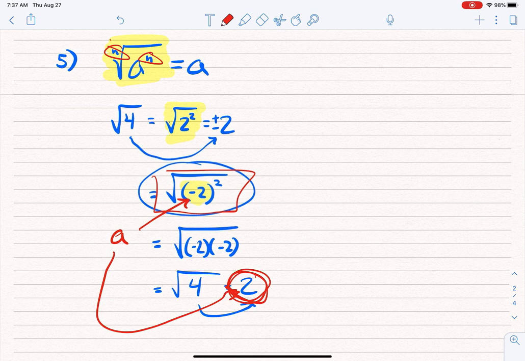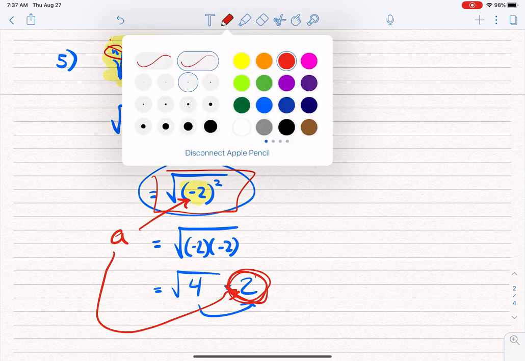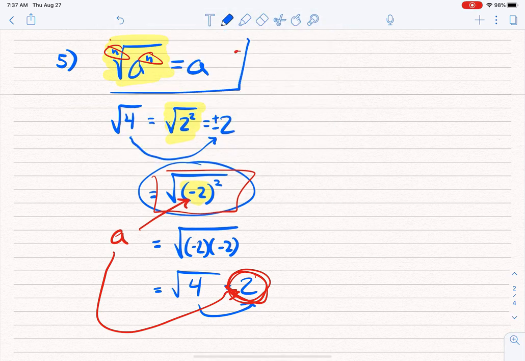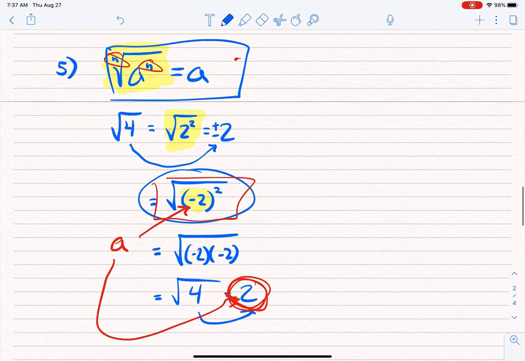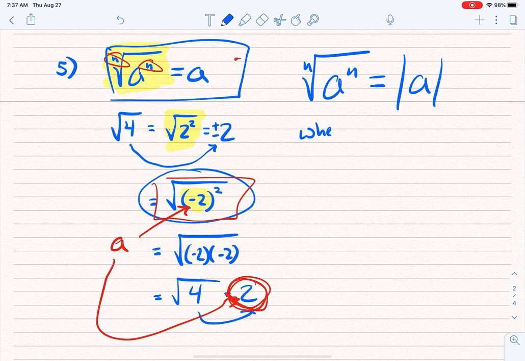So what that means is, instead of me leaving it like this rule right here, instead what I would say is that the nth root of a to the n is equal to the absolute value of a when n is even. There you go, when n is even.